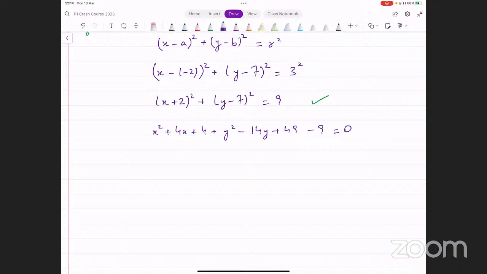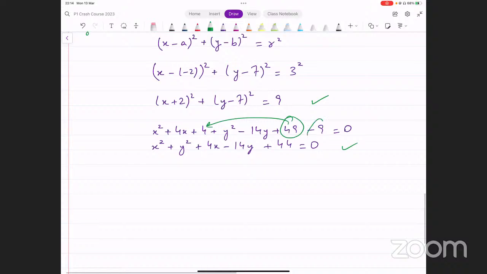You could write this as x squared plus y squared plus 4x minus 14y plus 44 equals 0, which is another way of writing the same equation. 44 comes from 49 plus 4, that's 53, and 53 minus 9 is 44.